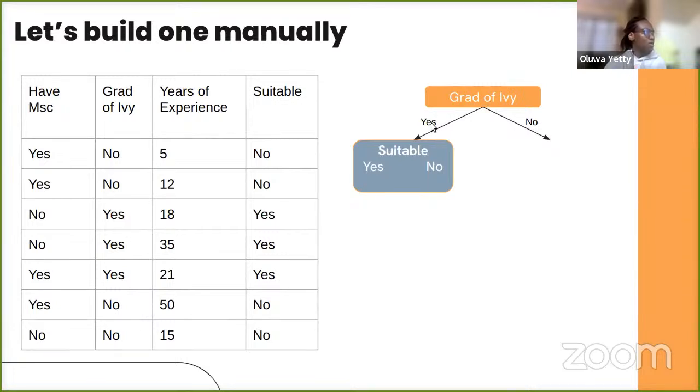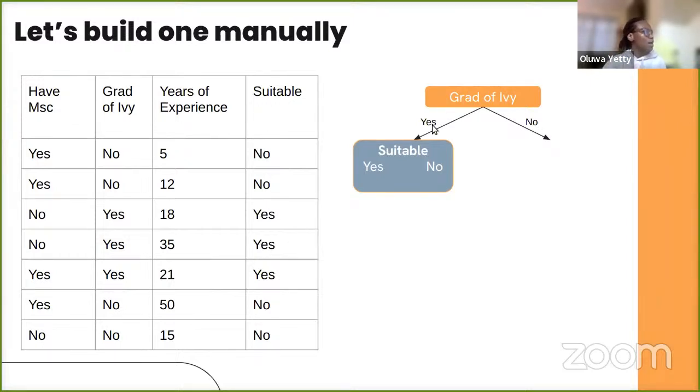If they are, I'm jumping straight to the suitability. I'm not checking number of years or whether they have an MSc. I'm pretending the only feature I have is grad of Ivy, and based on its value, whether they're suitable or not.